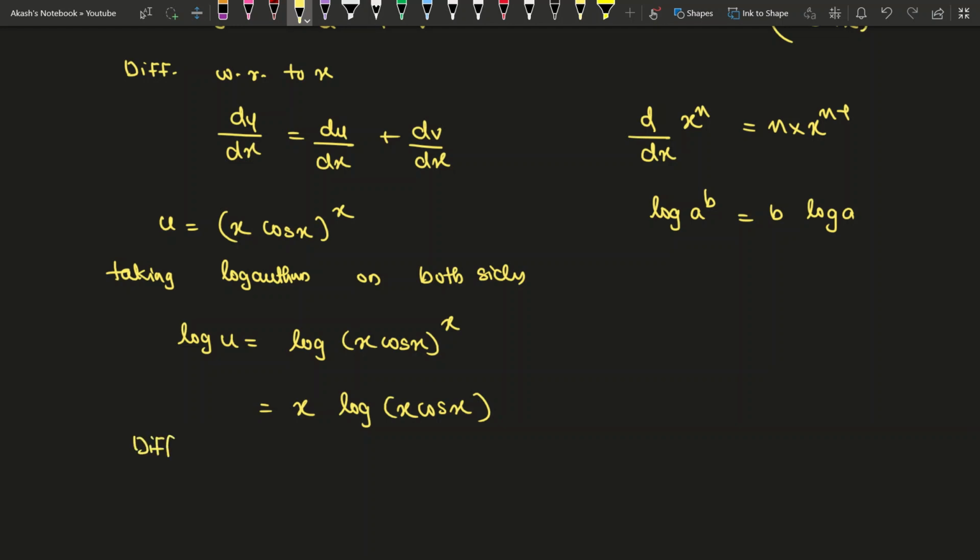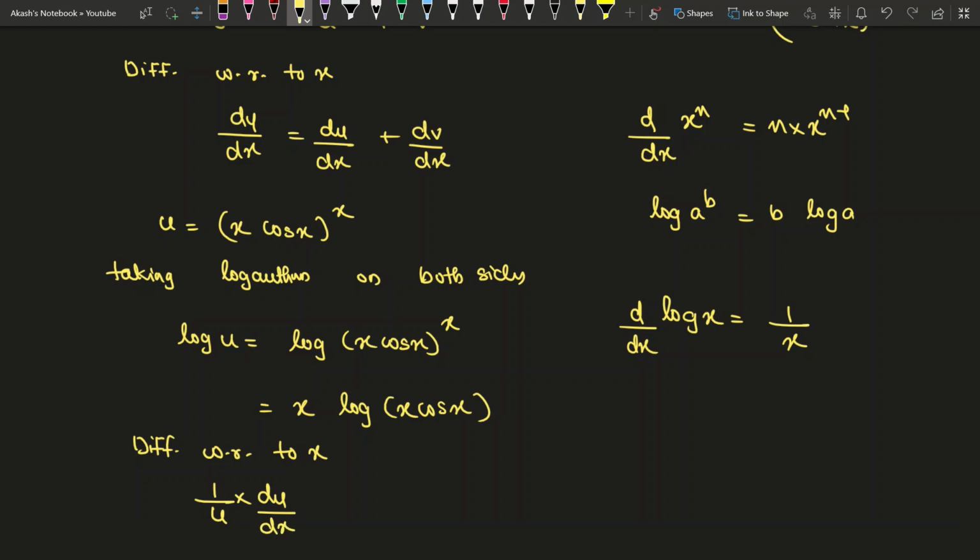Now you can take differentiation. So differentiate with respect to x. What will you get? The thing is that d by dx of log x equals 1 by x. But here we need to find the logarithm of u. So d by dx of log u will be equal to 1 by u into du by dx.